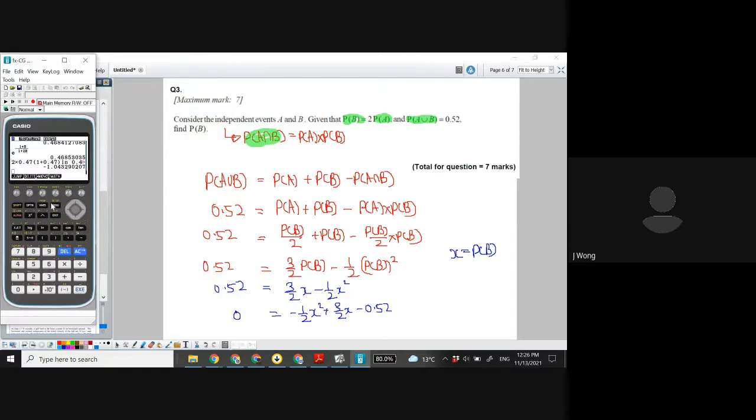The calculator could certainly offer you that. So let's just do this. You go to equation. You could also use solver if you're doing CG50. Anyway, let's get this done and dusted. So 3 divided by 2, minus 0.52, and yeah, you got 2 answers, and that's it.